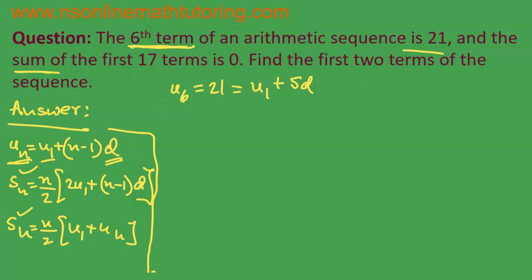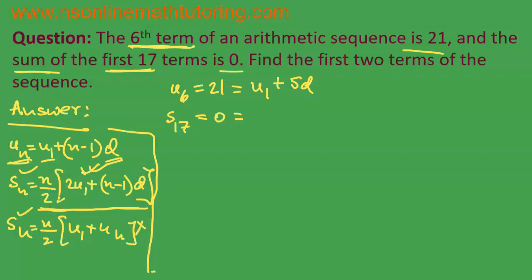Okay. This is our first information that we are getting from the question. And the second information is that the summation of the first 17 terms is equal to 0. So the summation of the first 17 terms means S17 is equal to 0. And this can be written in terms of this formula. Because we need the first term and the common difference, I'll be using this one, not this one.